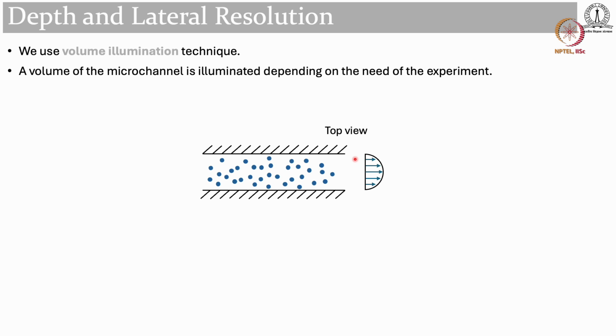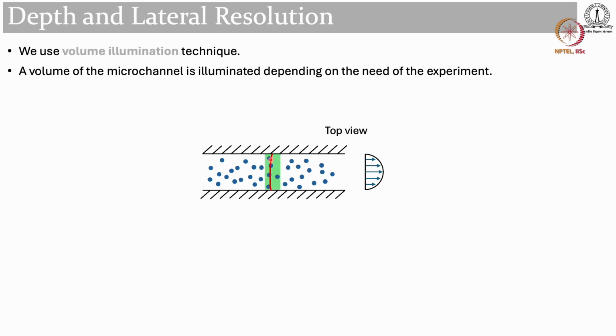At any section, say at this section somewhere, you have a profile like this. It's the classical parabolic profile where you have a larger velocity at the center, and due to the no-slip condition the velocity diminishes near the walls.